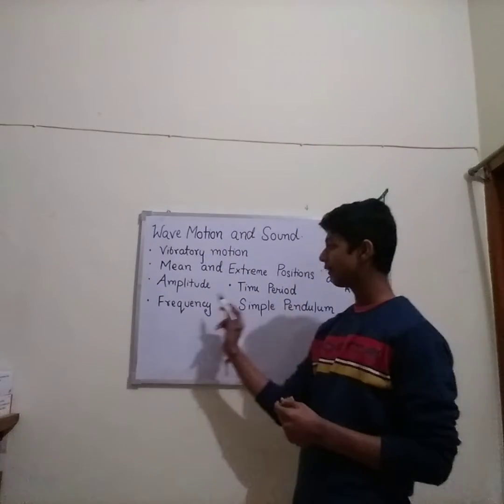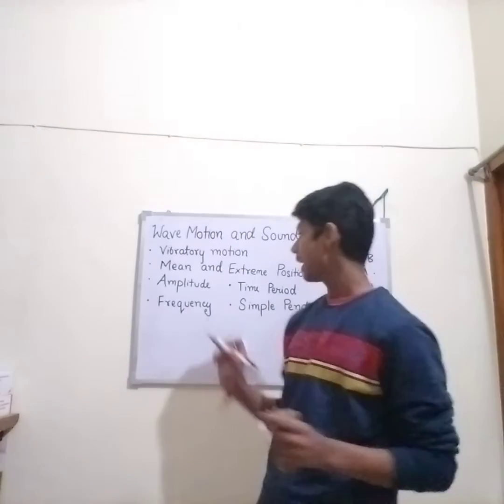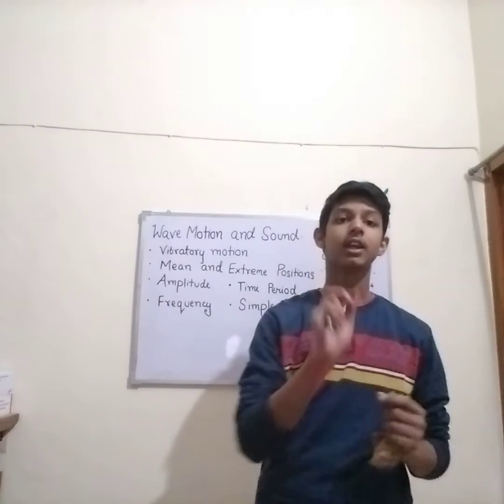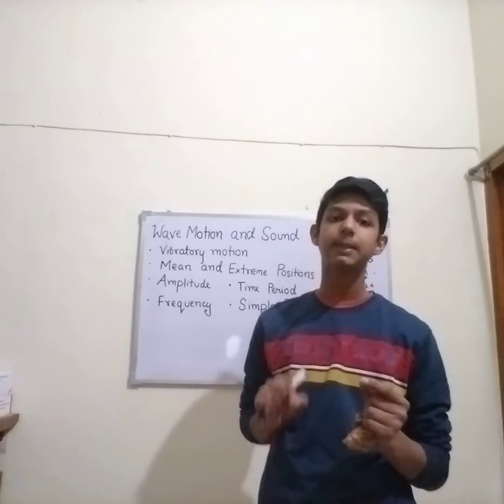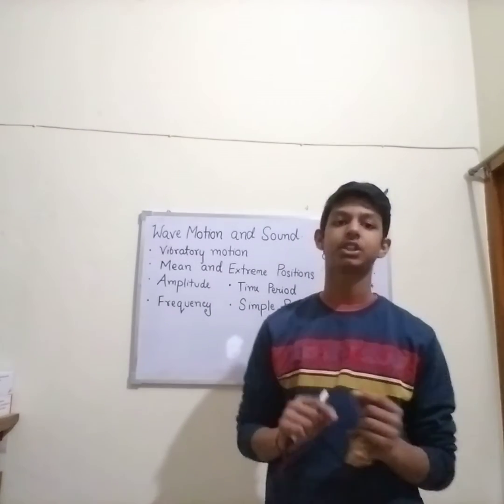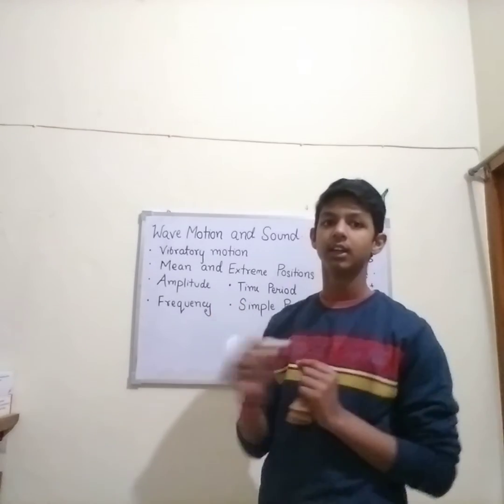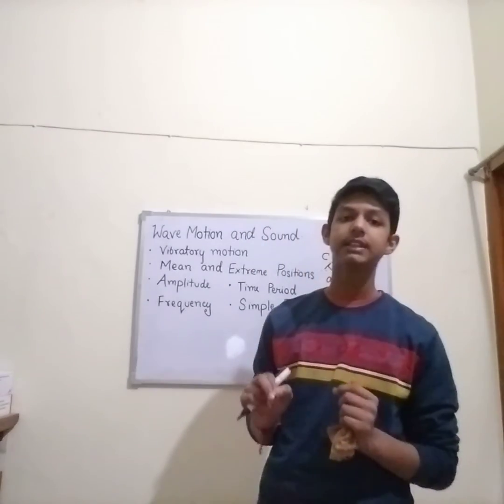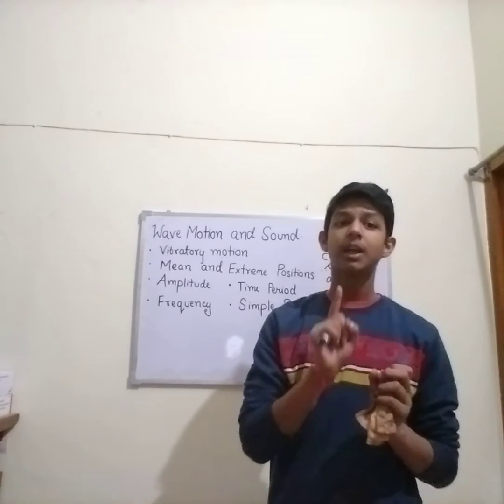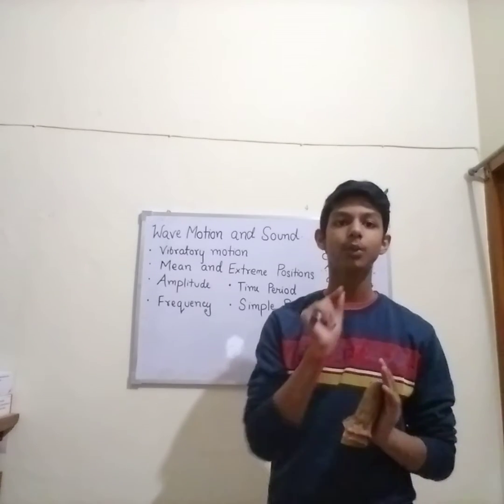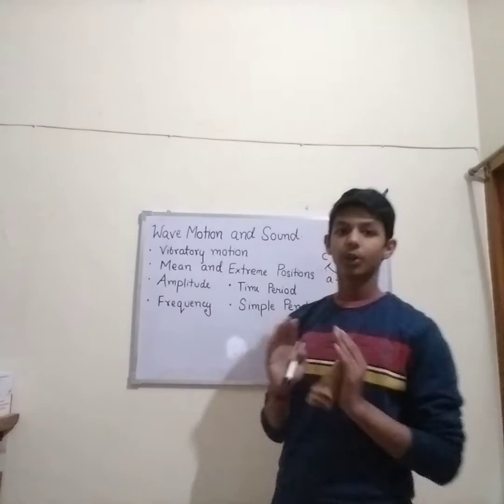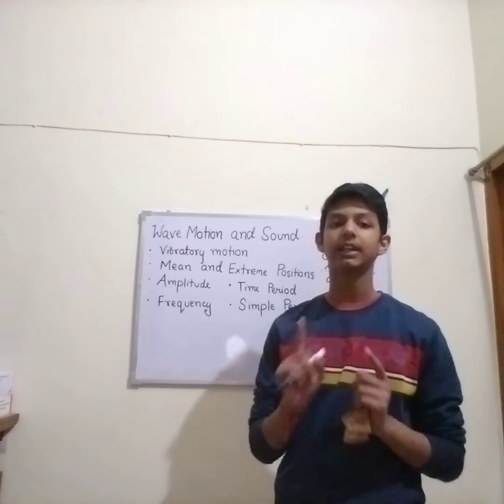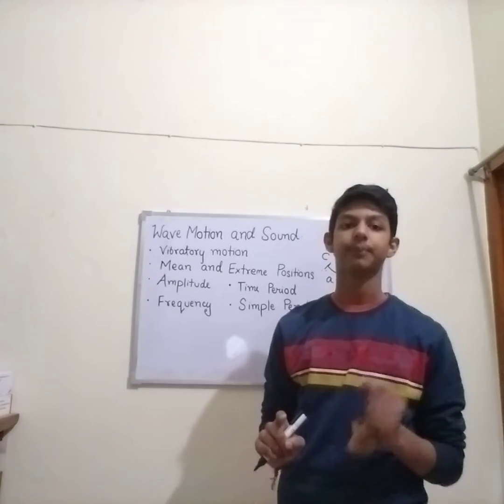Then our next topic is frequency. As we have said, the time taken by the simple pendulum to cover one oscillation is called time period, and frequency is the opposite term. Frequency is the number of oscillations covered in each second.